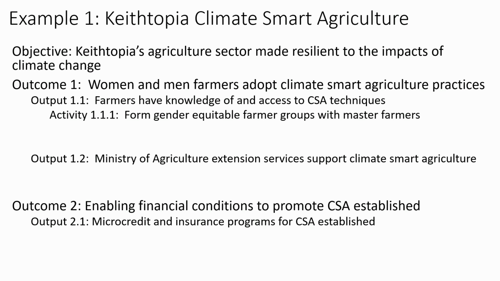And those groupings are going to be mutual support groups, and they're going to learn climate smart agriculture together, and they're going to support one another. And they can form a cooperative, they can buy supplies together. There's lots of things that they can do if we can form these groups.